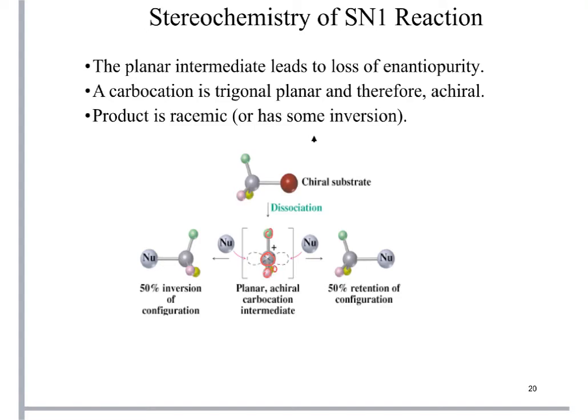So if you look at it from the top, our carbocation will be surrounded by three groups. We'll have 60-degree angles looking at it from the top or from the bottom, with the unhybridized p orbital protruding above and below the plane of the carbocation.